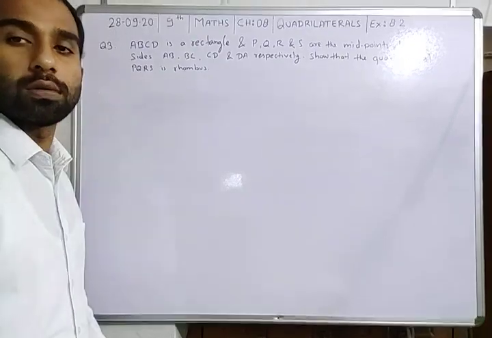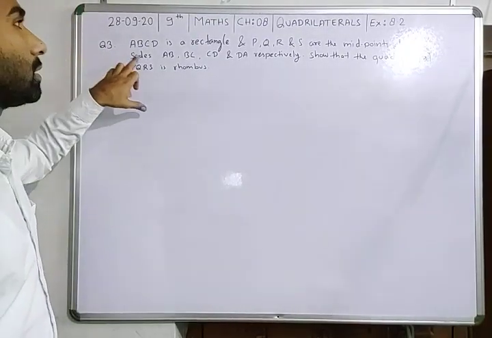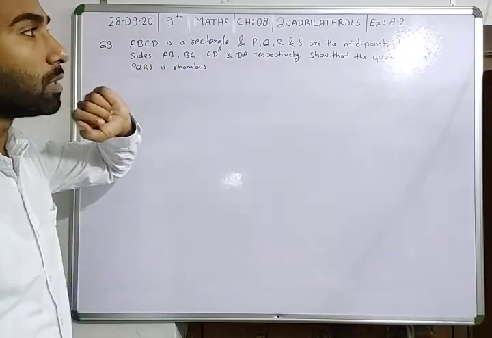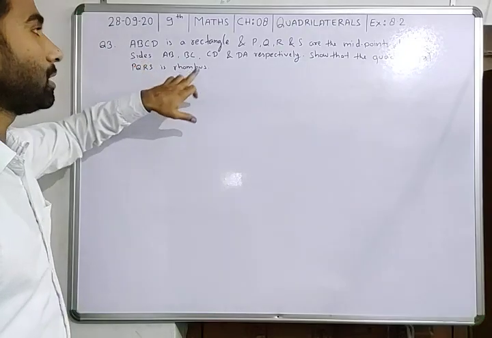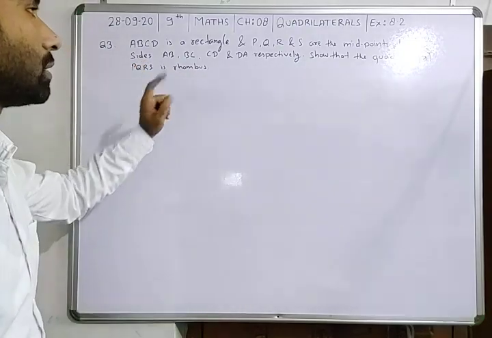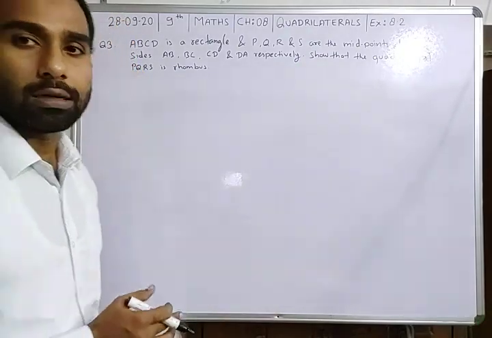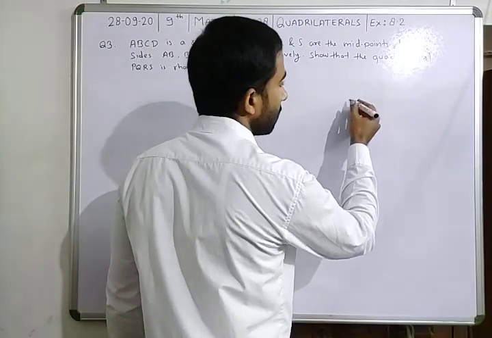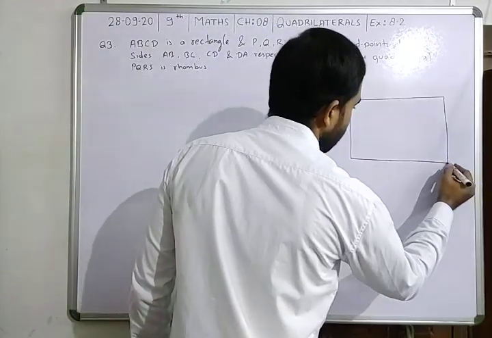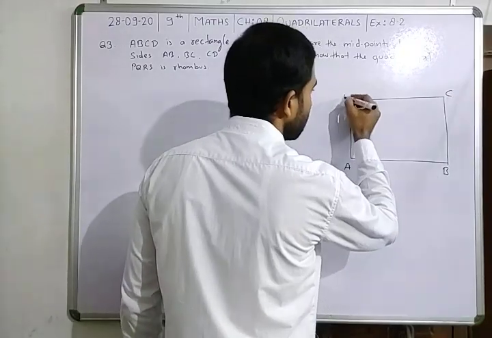Now see this question. Question number 3 says ABCD is a rectangle. P, Q, R, S are the midpoints of sides AB, BC, CD and DA respectively. Show that the quadrilateral PQRS is a rhombus. So first of all we will draw the diagram. This is a rectangle ABCD.